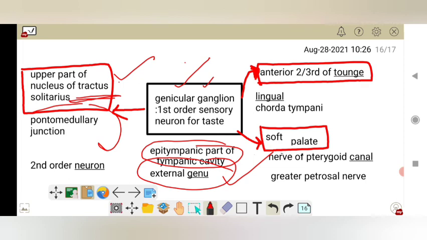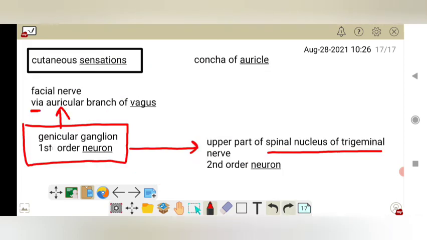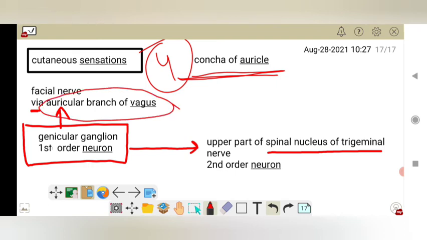Now the fourth type of fibers present in the facial nerve are the cutaneous sensations. The facial nerve carries these sensations from the concha of the auricle, the ear concha, not directly, but via the auricular branch of the vagus nerve.